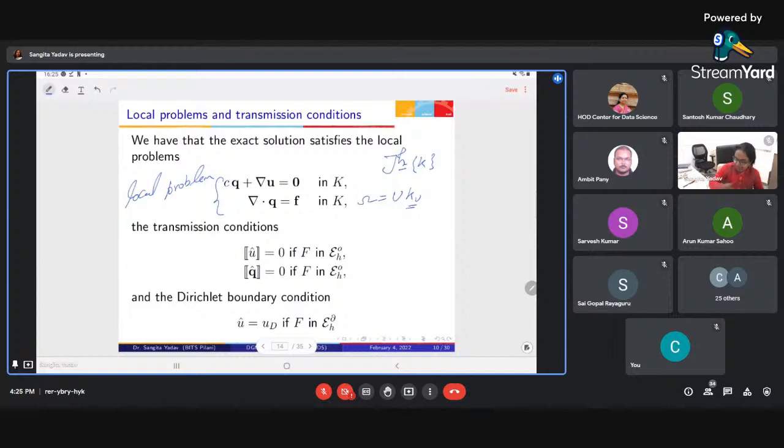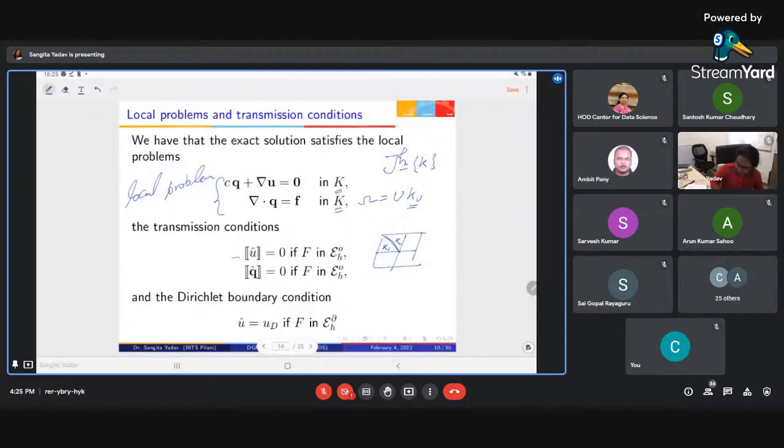But since we are talking about discontinuous approximation, in each element we are going to have this discontinuity. Let us consider two elements, one as k1 and another as k2. The jump, for any function u, is defined as u hat restricted on k1 minus u hat restricted on k2, so you can see the difference of the values on the elements.